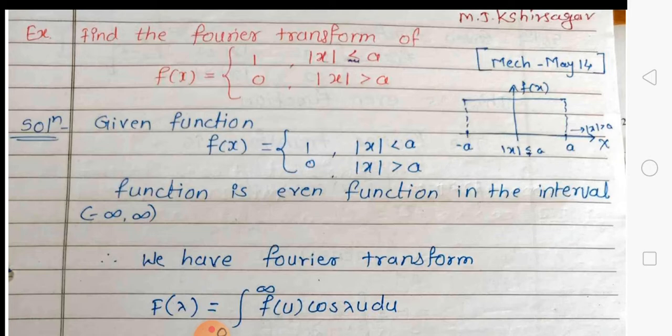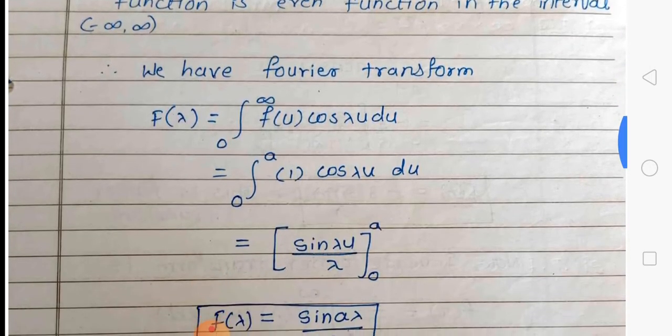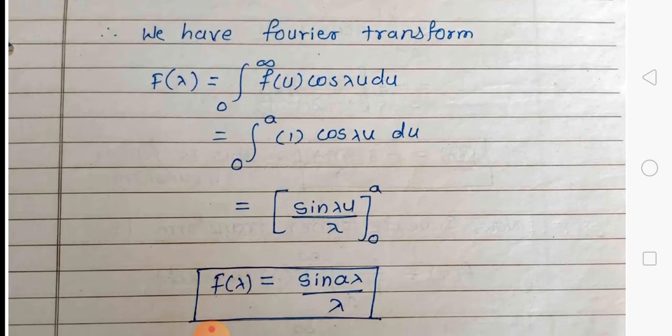If the function is even function, then we find the Fourier transform by using the formula. We have Fourier transform F of lambda is equal to integration 0 to infinity f of u cos lambda u du. Now we put the values here, 0 to infinity.